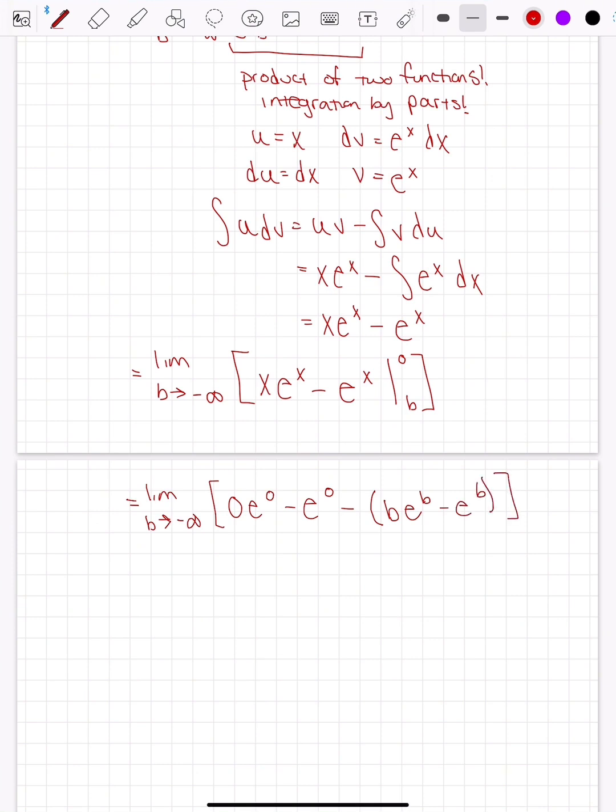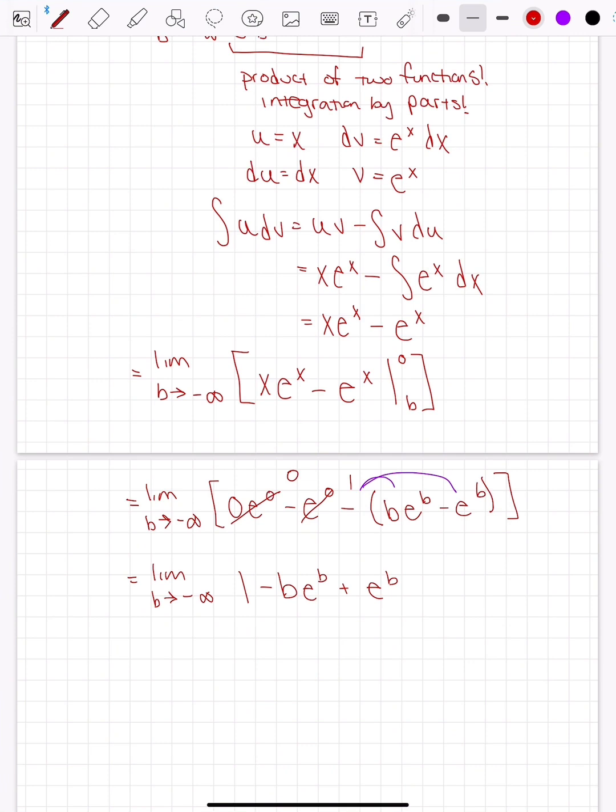We know that this is just 0 and this is just 1. So this becomes the limit as b approaches negative infinity of 1 minus b e to the b plus e to the b. Remember, you have to distribute this negative sign.